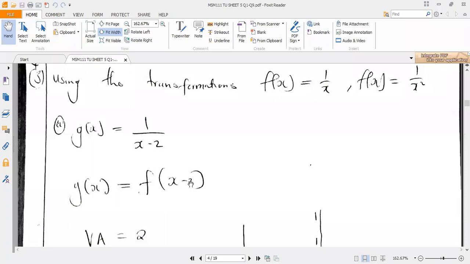So is this part necessary? I'm not sure though. More of you're just showing the transformation that is taking place between f of x and g of x. That's the transformation which is taking place here. Have you gotten it?